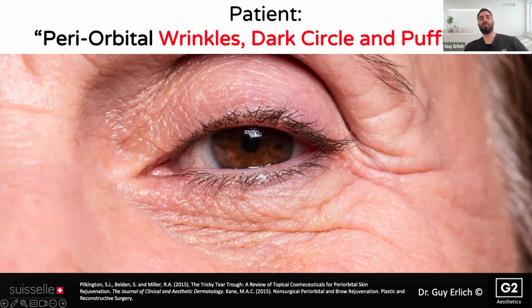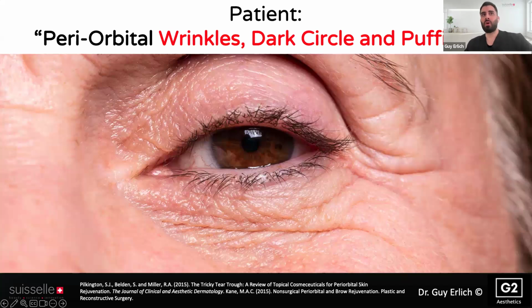So as I said in the beginning, most of my patients that come to my clinic in one way or another are asking for treatment of the periorbital region. Some of them complain about wrinkles, some about puffiness, some about darkness under the eye, and some of them just don't know what they want. They just say, we want treatment in the periorbital region.